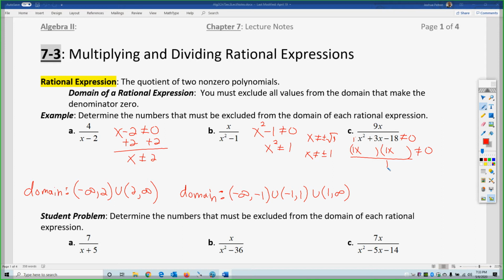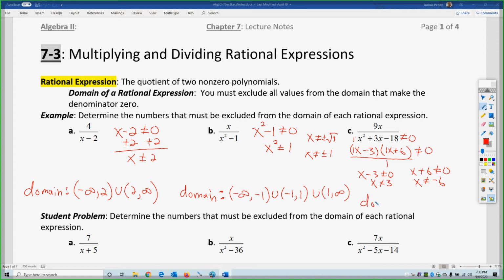That's going to be 3 and 6, a positive 3 and negative 6. That gives me negative 18 and a positive 3 in the middle. Therefore, x minus 3 cannot equal 0, and x plus 6 cannot equal 0. Thus, x cannot equal 3, and x cannot equal negative 6.